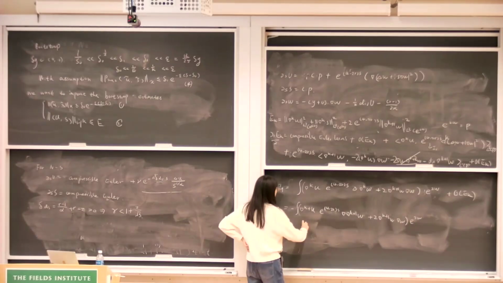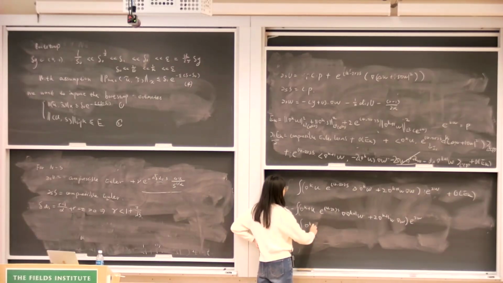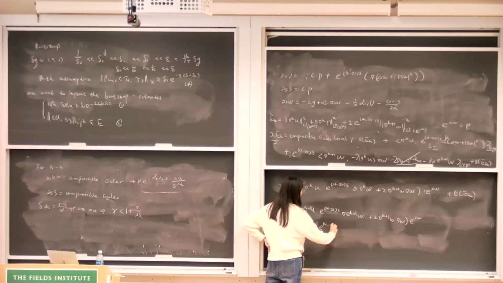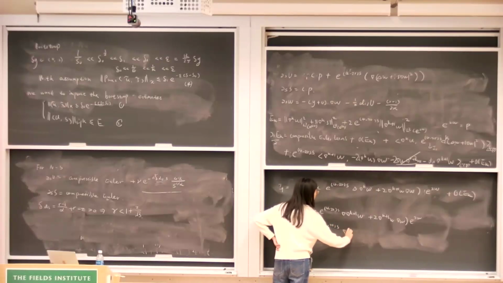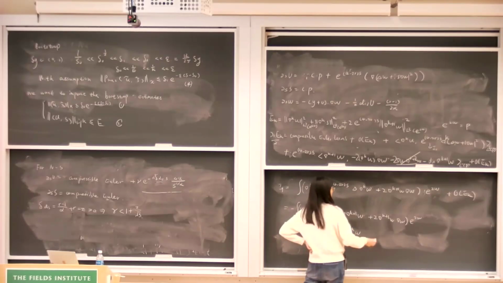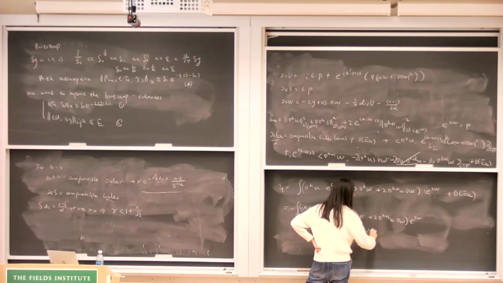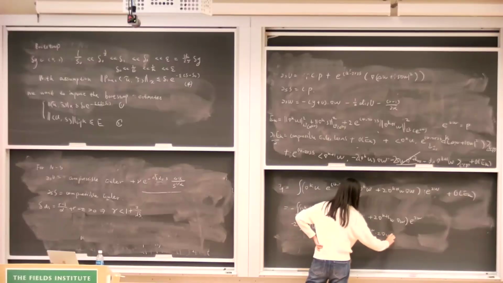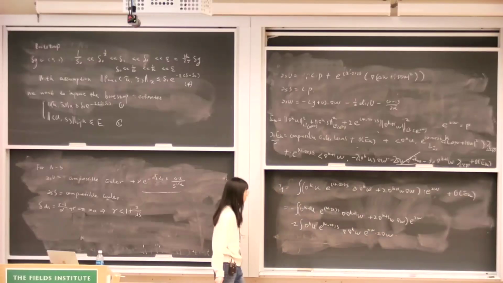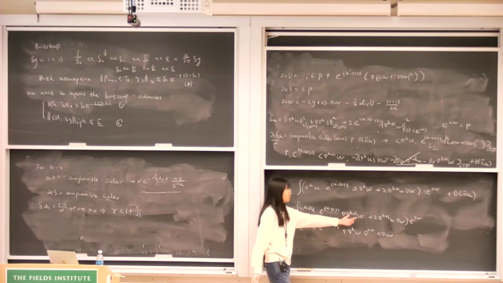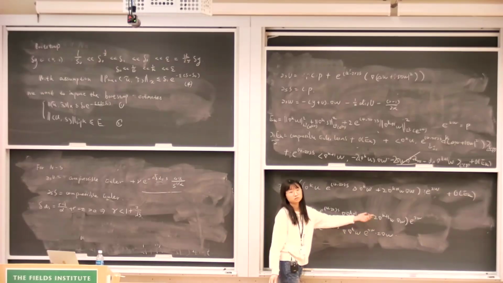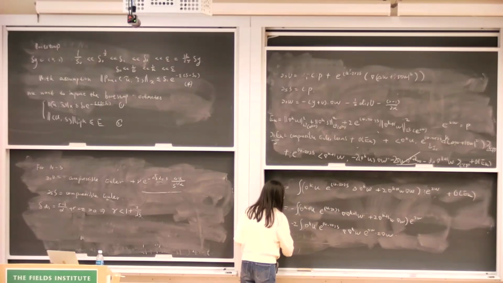So it's negative 2 gradient K and e to the 2W, 2 gradient W. This is exactly the second term. So what you get is the first term left.